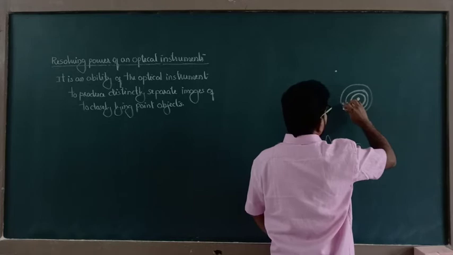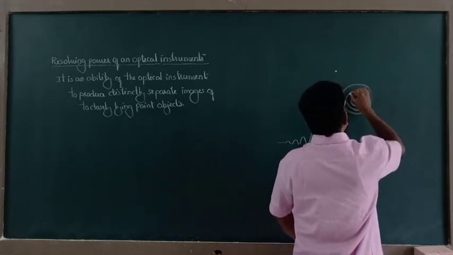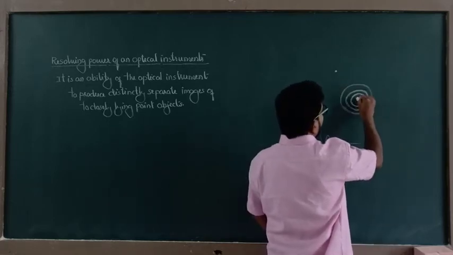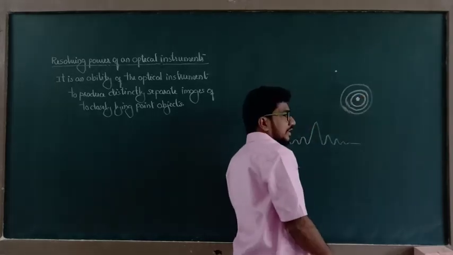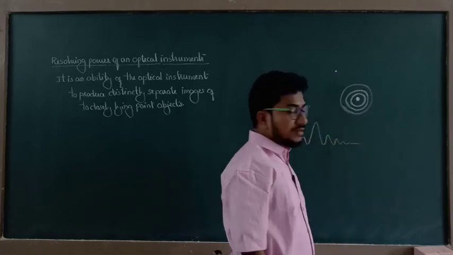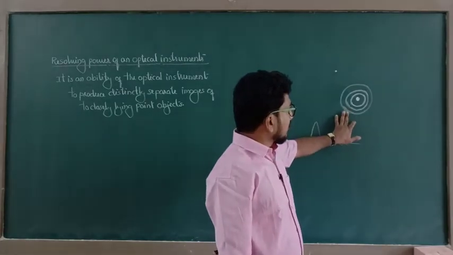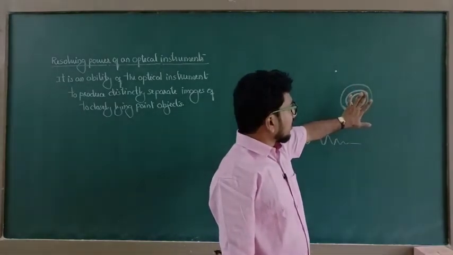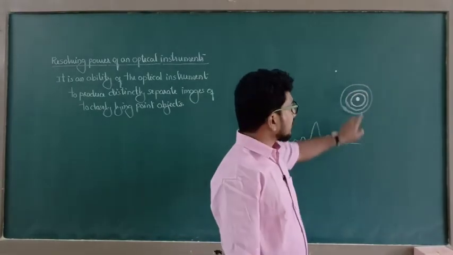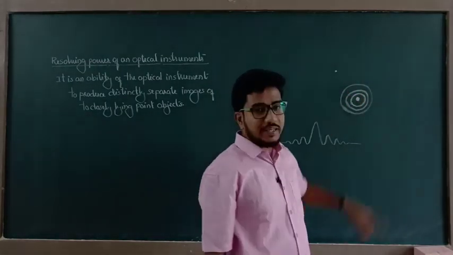so this is the diffraction pattern of the point object. It contains alternate dark and bright fringes. The intensity of this central fringe is maximum, and intensity goes on decreasing as we move away from this central bright maximum. So this is nothing but a circular diffraction pattern, or we can say concentric rings, because they have the same center.